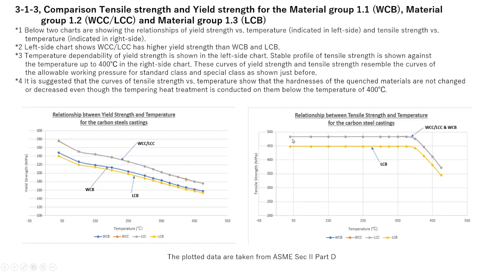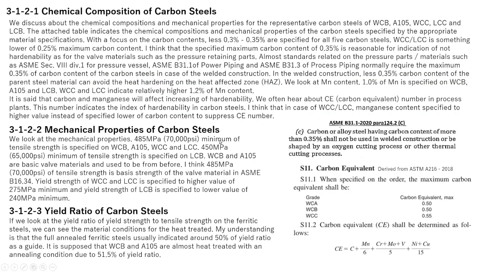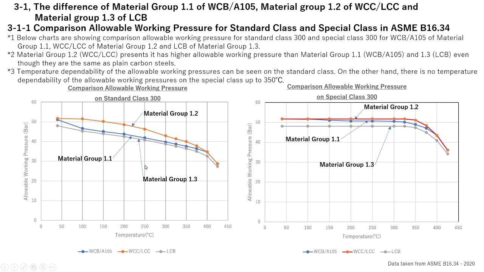These curves of yield strength and tensile strength resemble the curves of the allowable working pressure for standard class and special class, as shown just before. So again, we look at the allowable working pressure curve. Here, the standard class 300 allowable working pressure curve is very similar to the yield strength curve.